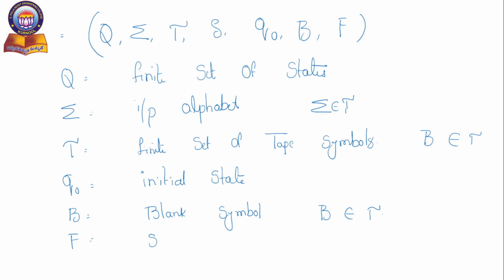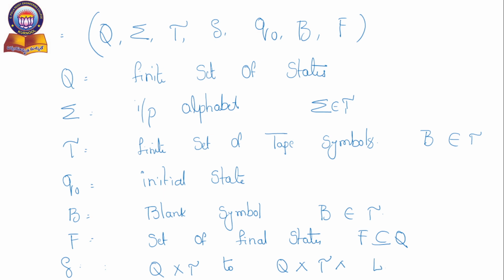F is the set of final states, and F is a subset of or equal to Q. Delta is the transition mapping function which maps from Q cross tau to Q cross tau cross {L, R}.